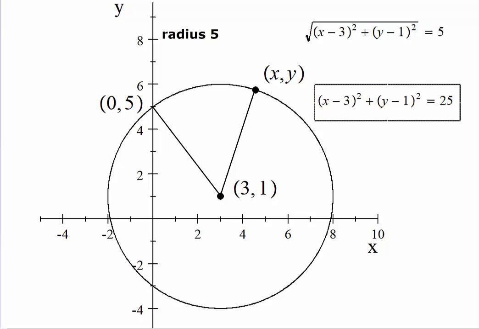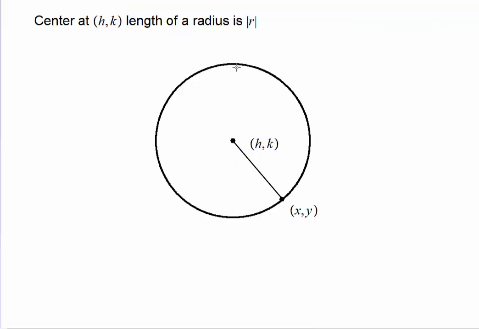Now in general, say we have to write the equation of a circle whose center is at (h, k), and the length of the radius is the absolute value of r. We take a typical point (x, y) here and use the fact that the radius is the distance from the center to any point on the circle to form this equation.